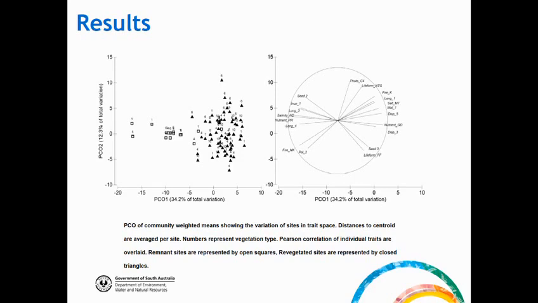And on the opposite side, the species in the remnant sites are not killed by fire. They have much longer lifespan. They're found on nutrient poor soils. So you can see that the differences between the sites are likely to be driven by the invasive species that are within them.